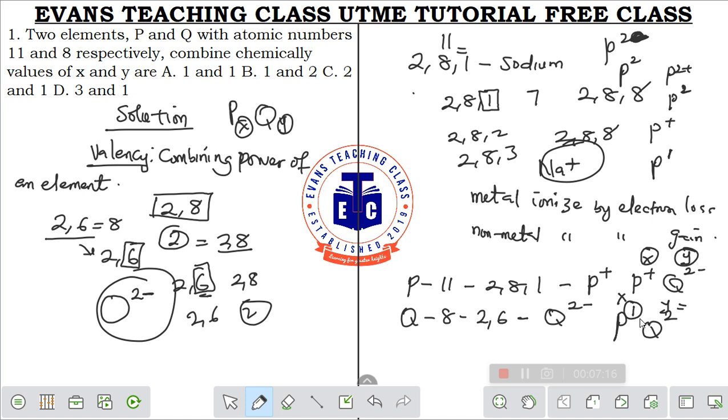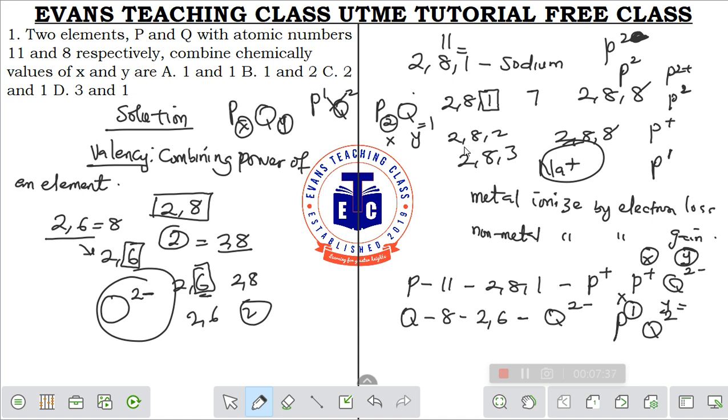So this one will be p raised to power 1, q raised to power 2. It will not be p2y. So this will be our x and this will be our y. So that's how to do it. So that's our answer. So our answer is what? C. Our answer is C.